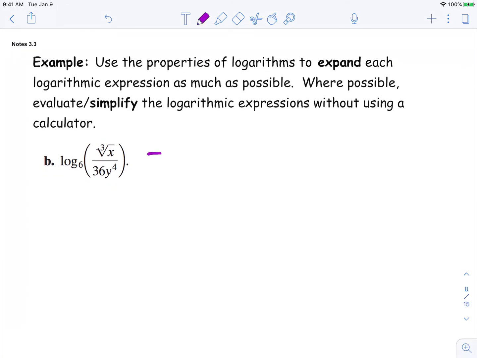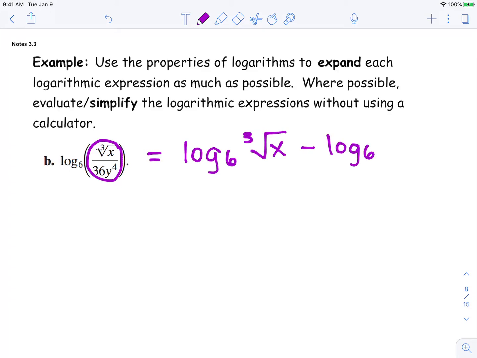Here's another one. What's happening is we have division here. So we're going to use our quotient rule. Log base 6 cubed root of x minus log base 6 of 36y to the 4th power.